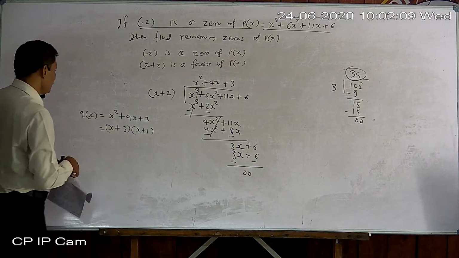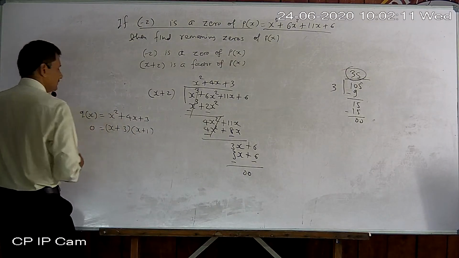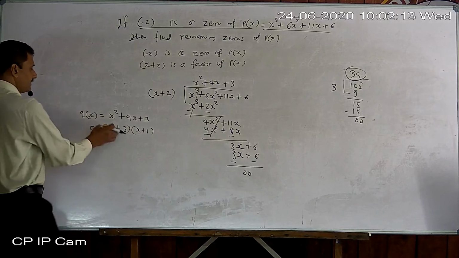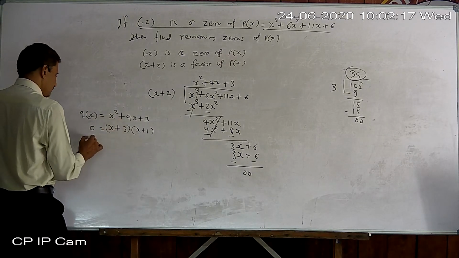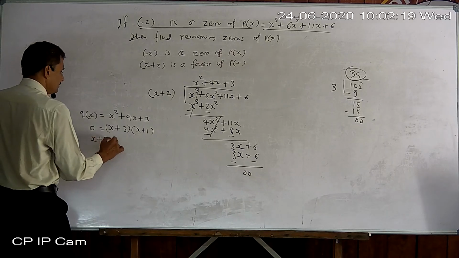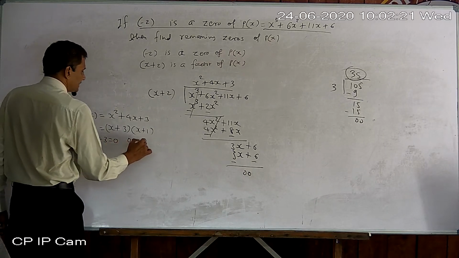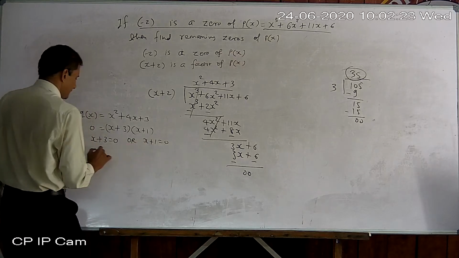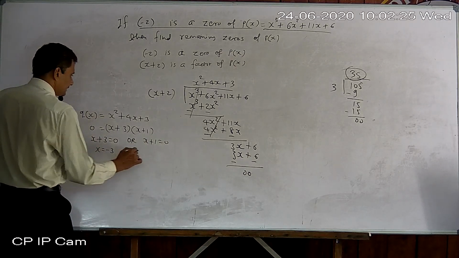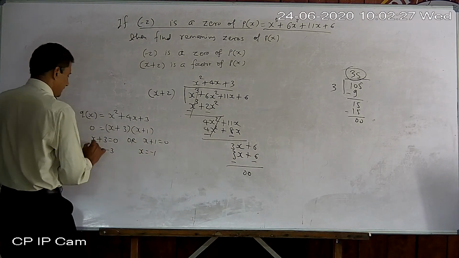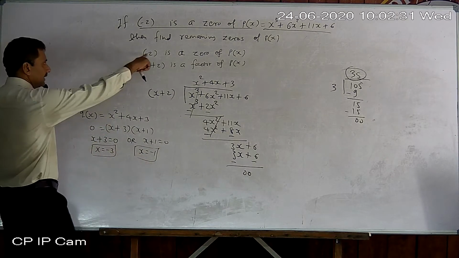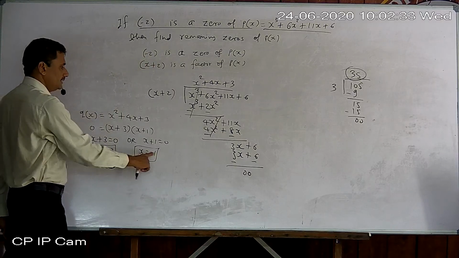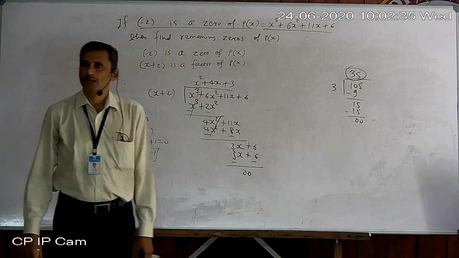Okay. So now equate to 0 here. Why? We want to find the zero, not the factor. The factor we got. So x plus 3 equals 0 or x plus 1 equals 0. So x equal to minus 3, x equal to minus 1. So the remaining zeros we got. So total 3 zeros: minus 2, minus 3, minus 1.